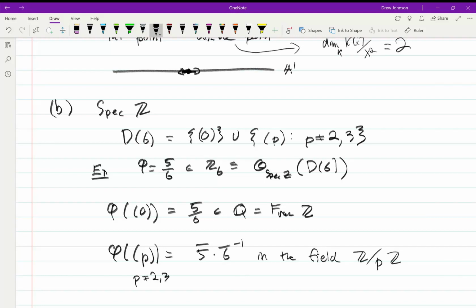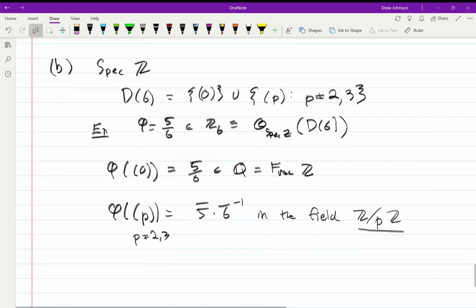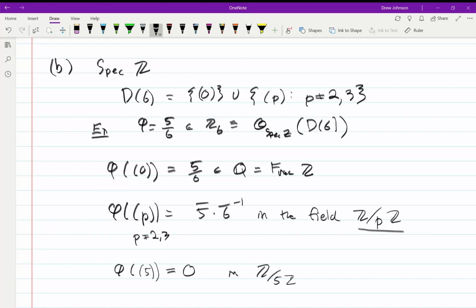If p is not equal to 2 or 3, then 6 is invertible in Z mod pZ, so this makes sense. For example, phi of the ideal generated by 5 would be 0, because we're landing now in Z mod 5Z.